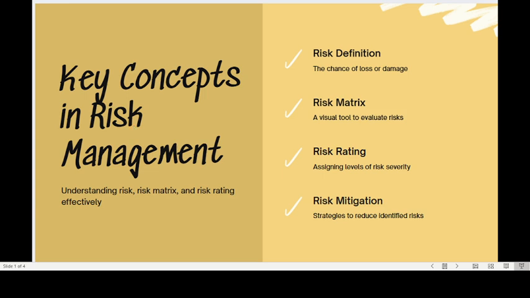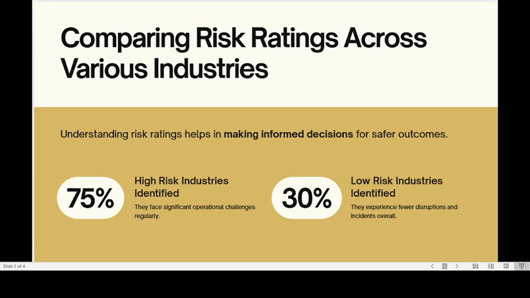Good day everyone. Today we are going to learn about a very important safety document, HIRA, which stands for Hazard Identification and Risk Assessment. Key concepts in risk management are four topics: risk definition, risk matrix, risk rating, and risk mitigations.